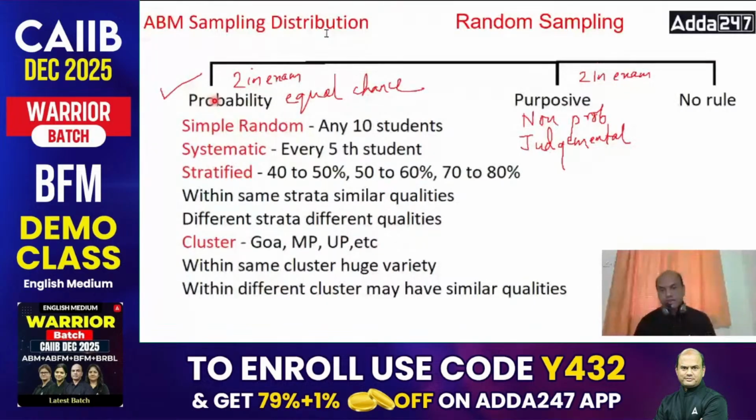The same variety exists in UP, Tamil Nadu, Kerala, Rajasthan, Delhi also. 40, 60, 70, 80, 90, all the students are there. So within the same cluster, there is a huge variety.